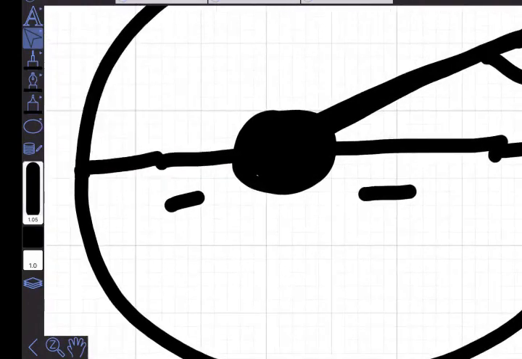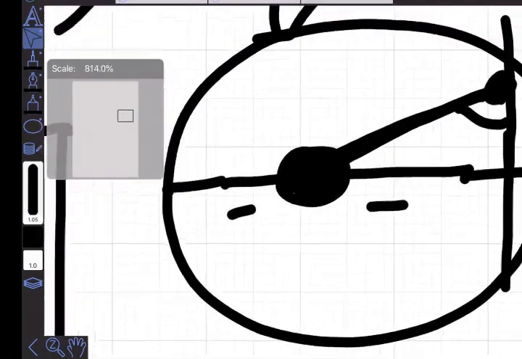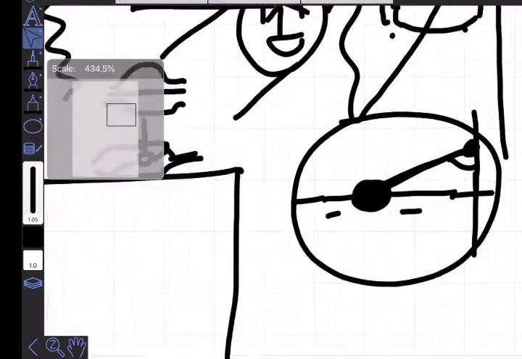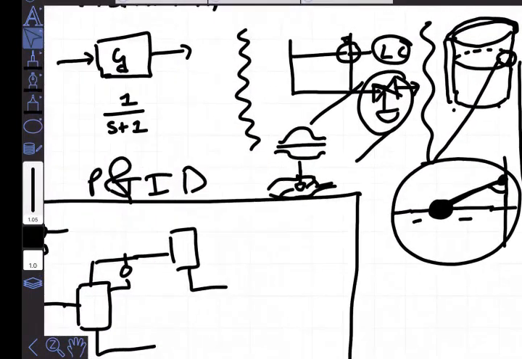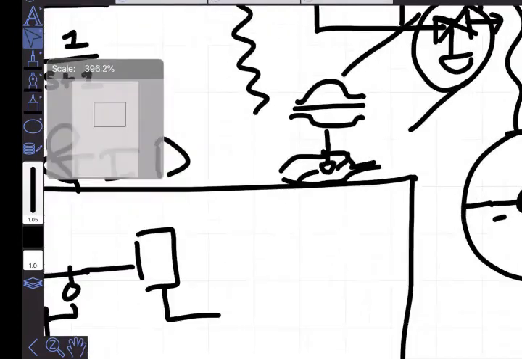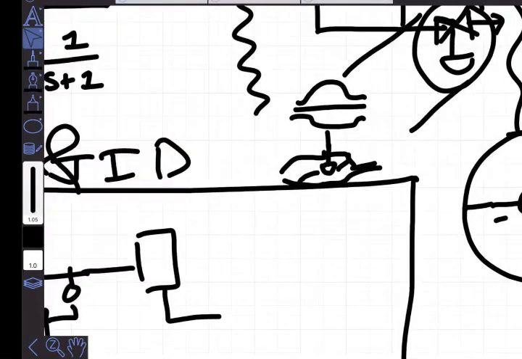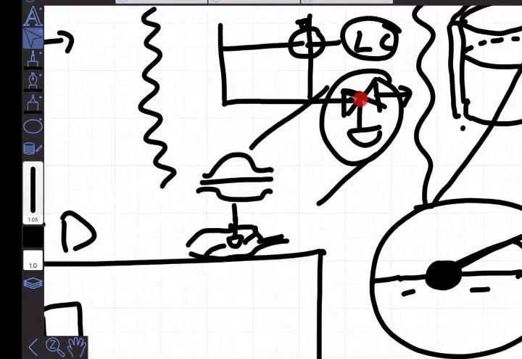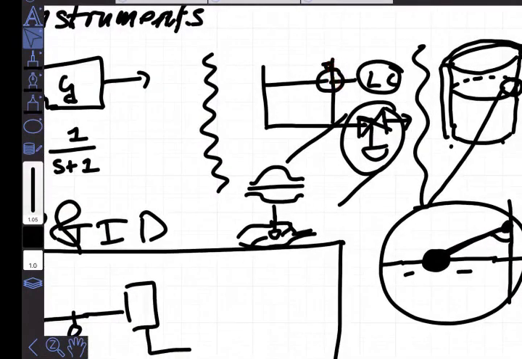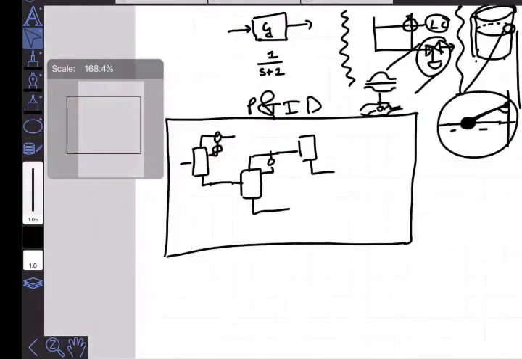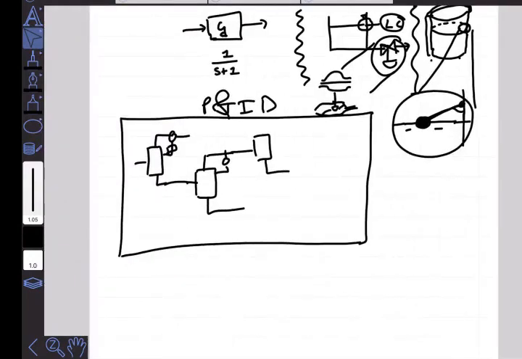Then we start zooming out, and as we zoom out, this detailed valve drawing is replaced by an icon, and this detailed drawing of the actual level measurement is replaced by just that line, and then we zoom out and zoom out and zoom out until we can see the full flow sheet.